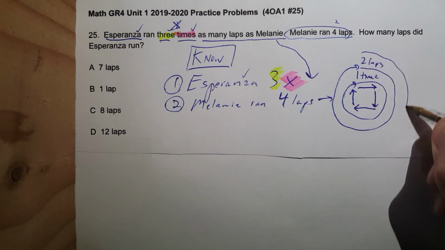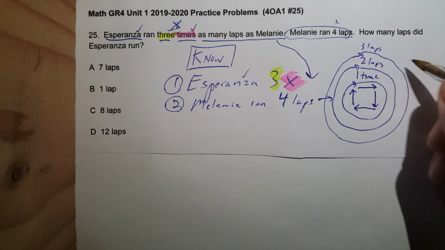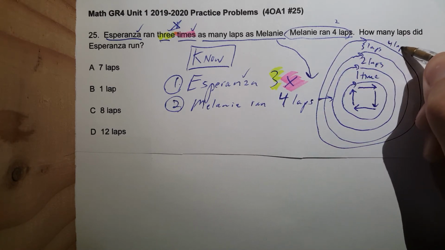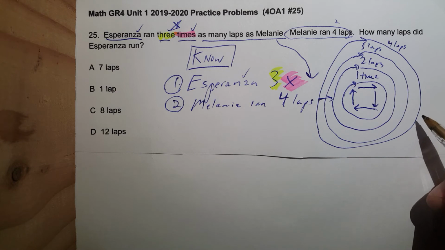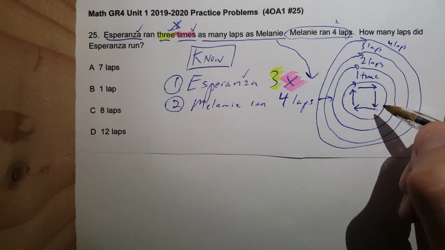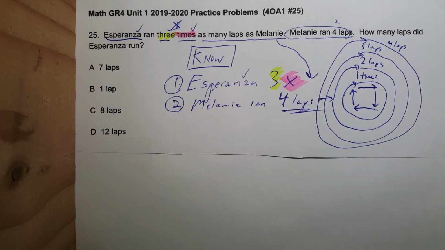And then she does it again. 3 laps. And then she does it again. 4 laps. Now, obviously, if she's running around here, it's not getting bigger and bigger. I just wanted to show you each lap. All right, so she does it 4 times. She must like to run.